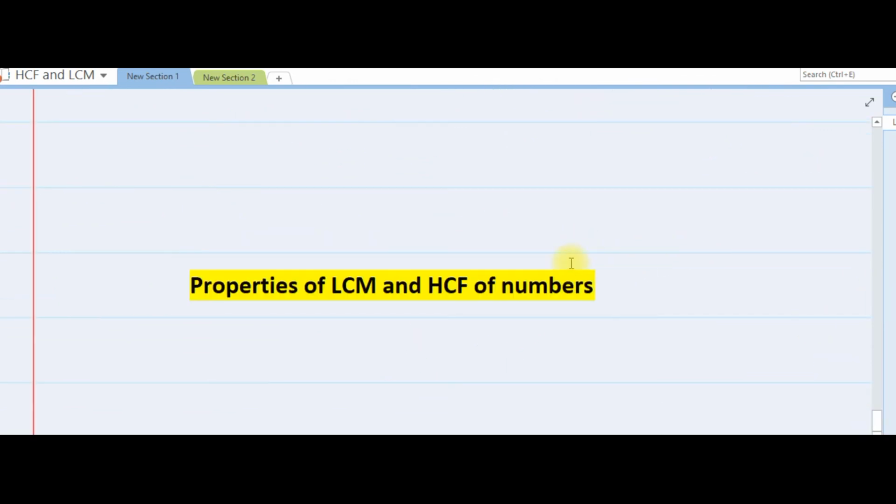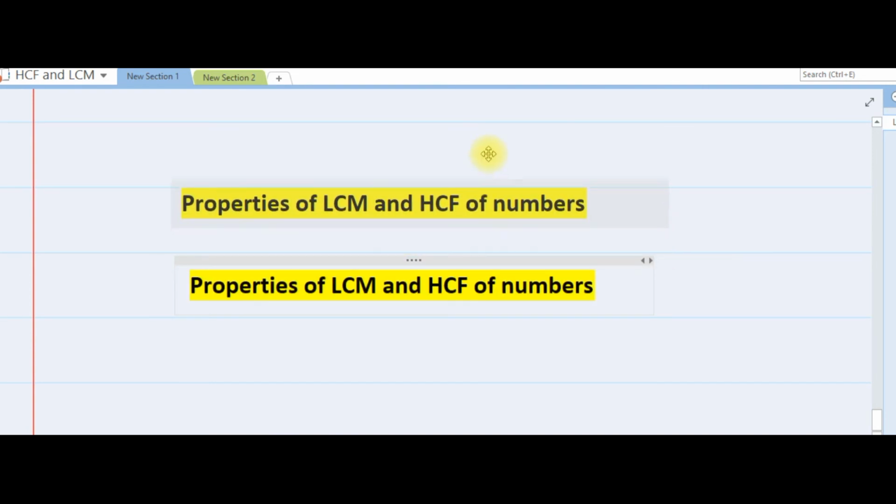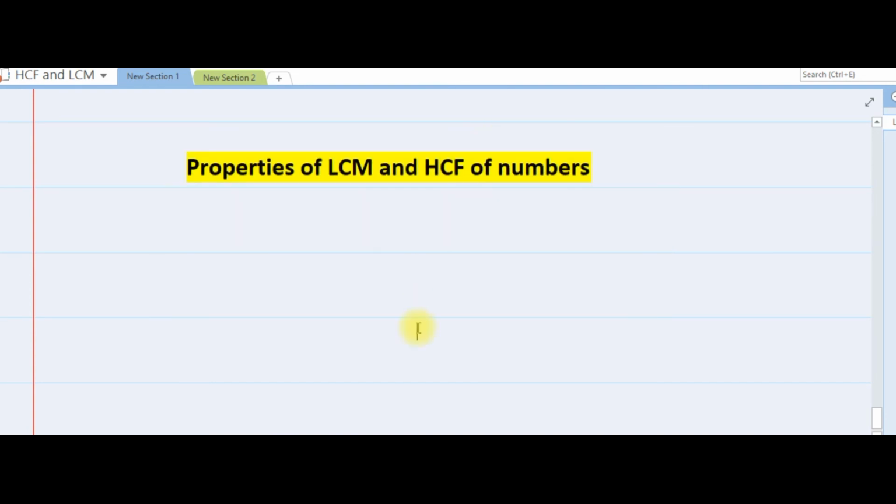Properties, that's the last one. Some properties of LCM and HCF. The first property: the LCM of numbers is always greater than or equal to the numbers.